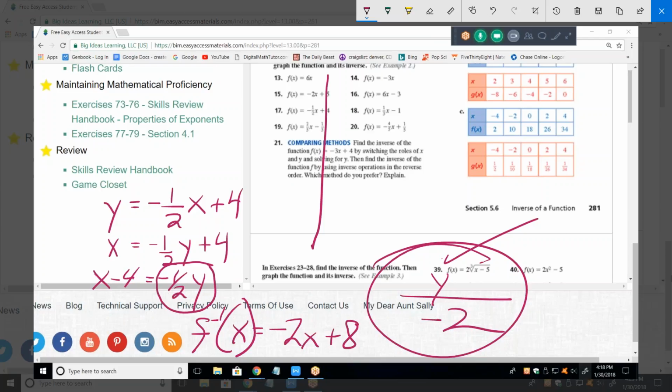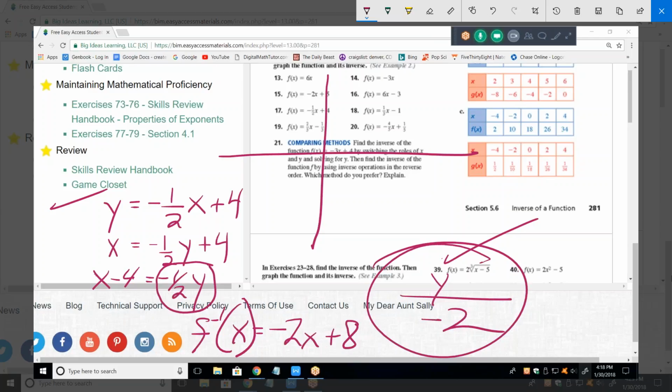Okay. Graph the original function. I'll graph that in red, and the second one in green. So the y-intercept is at 8. Doing the first one first. Always do them in the same order. Don't do them backwards. It's 2.